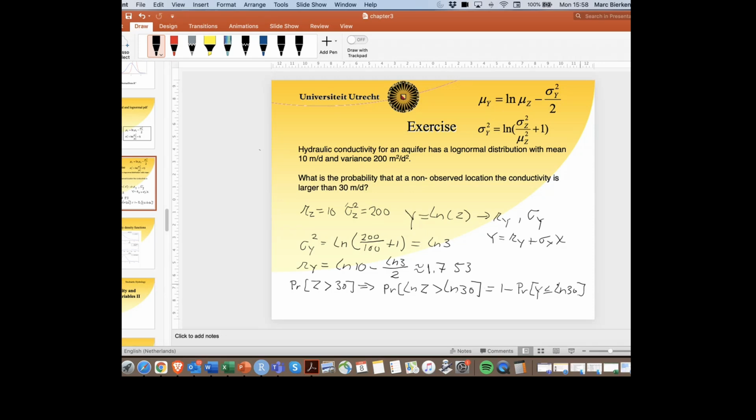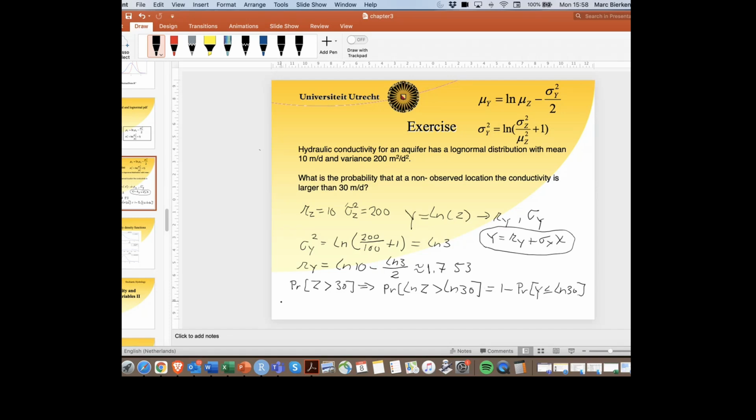Let's get this thing first. So the probability that y is smaller than or equal, we can replace y by this guy here. We write the normal distributed variable y, which is ln Z, as a linear combination of the mean of y plus the standard deviation times the standard normal deviate.